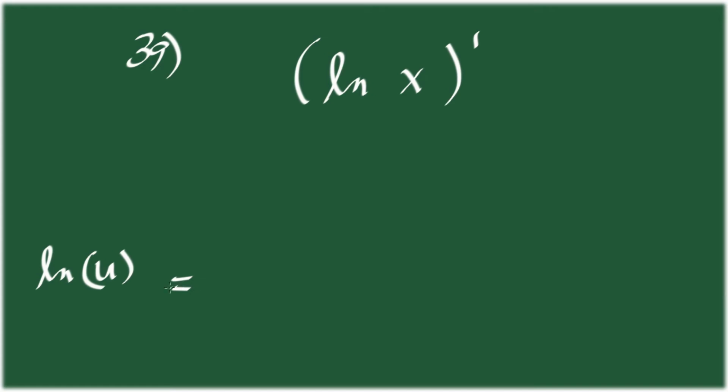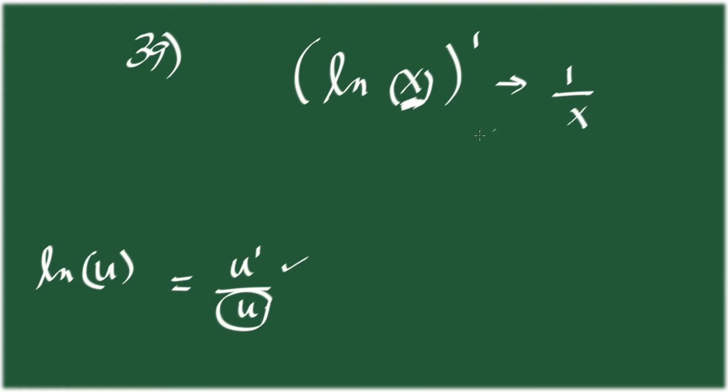To get the derivative of natural log of u, you simply get the derivative of u divided by that u. In this case, this is the u right here. So first you get the derivative of the x. What is u prime, the derivative of this x? 1, over the u itself, over that x. So the derivative of natural log of x is 1 over x.